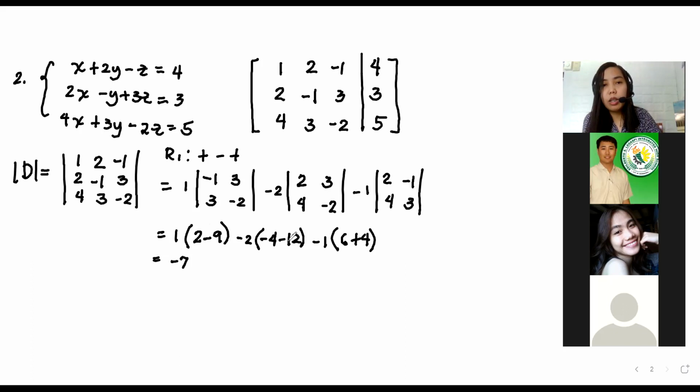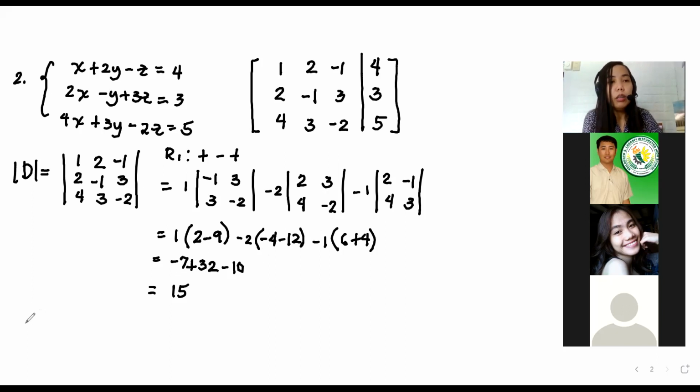This is -16 times -2, positive 32. 6 plus 4, that's 10 times -1, -10. Then simplify. So your D is -7 plus 32 minus 10. 15 po. It's 15.